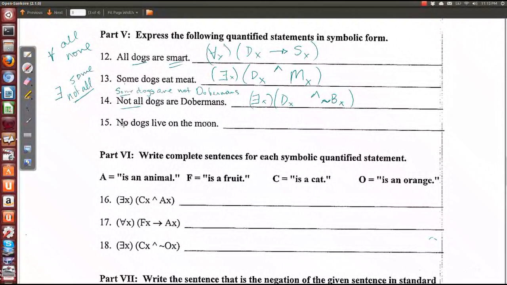On number 15, I see no. No is all or none. It's a universal, so I'm going to be using universal X. And what I'm saying is if they're a dog, then they don't live on the moon. All dogs don't live on the moon.